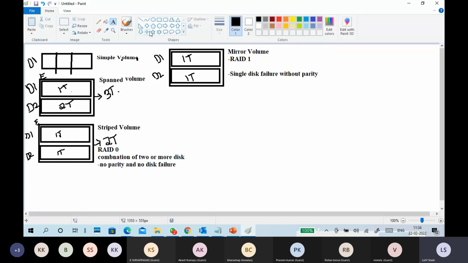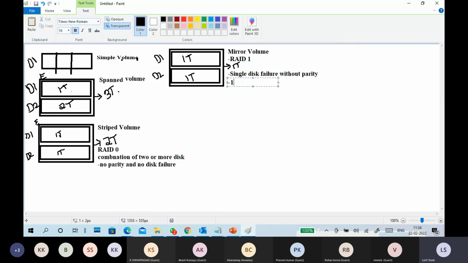It consumes 50% of total volume size. Remember that one. It gives half of the total disk volume size.